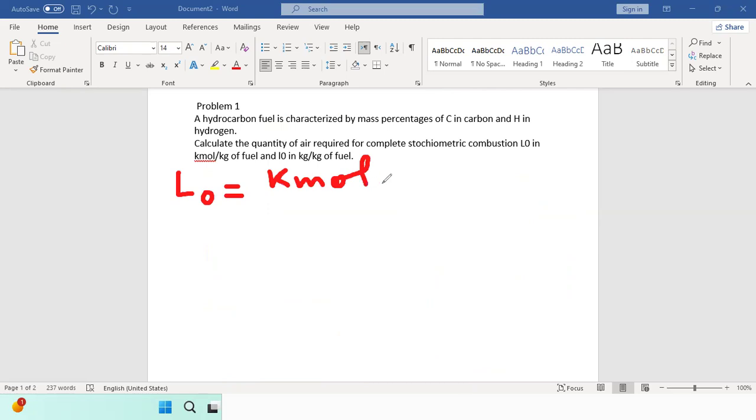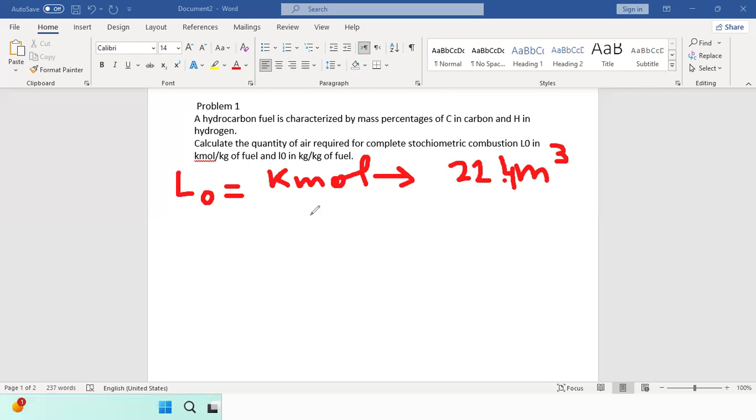Okay, and we know that kilomole is proportional to volume because each kilomole of any certain gas is equivalent to 22.4 meter cube. So we have a proportionality between the number of kilomoles and volume.